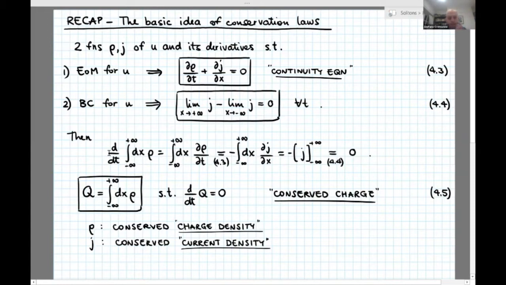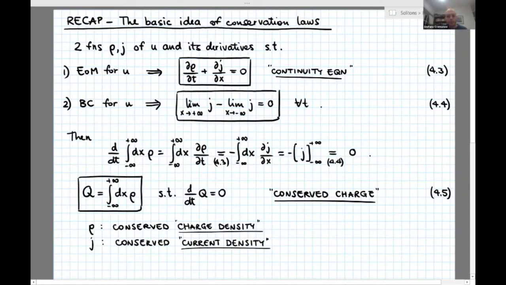Indeed, if we calculate the time derivative of this integral, we can bring the time derivative inside the integral. That becomes a partial derivative of rho with respect to time. Then we can use the continuity equation to relate that to minus the partial derivative of j with respect to space, x. Now we have an integral over space of a total space derivative. And so we just get a boundary term, which is minus the difference of the limits of j as x goes to plus infinity and as x goes to minus infinity.